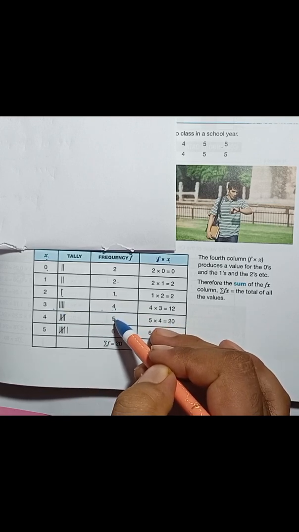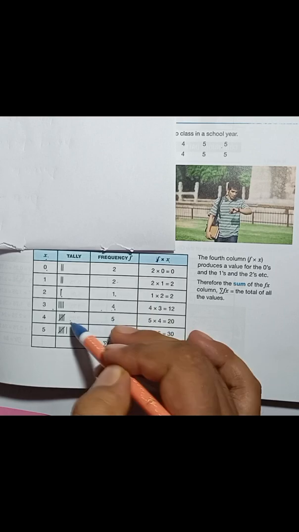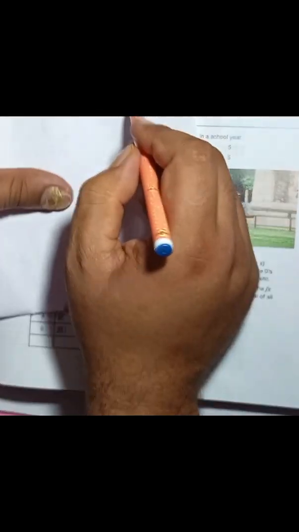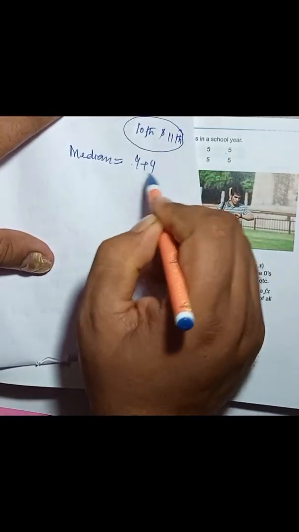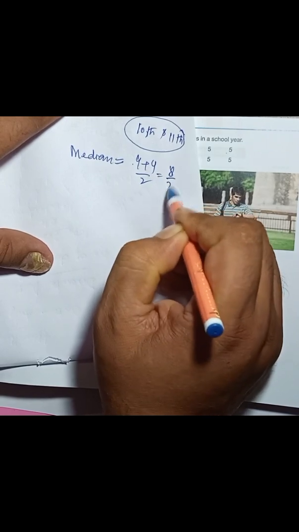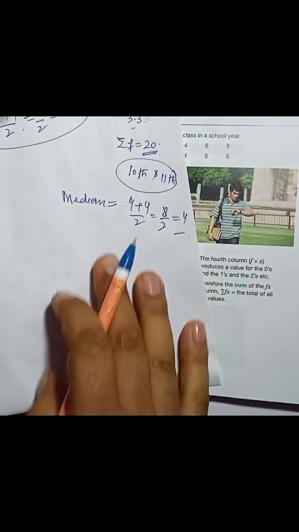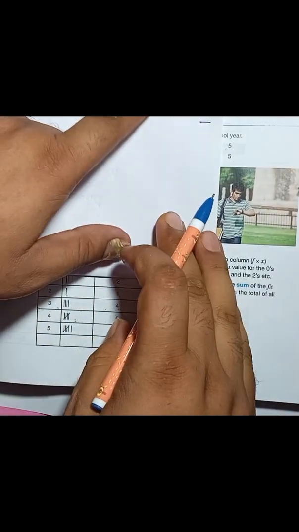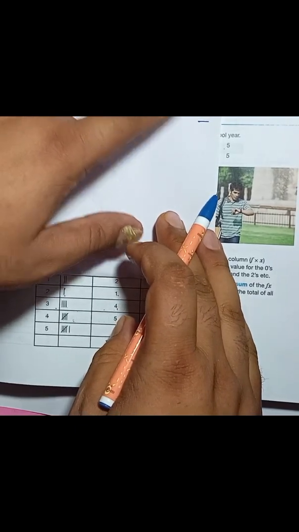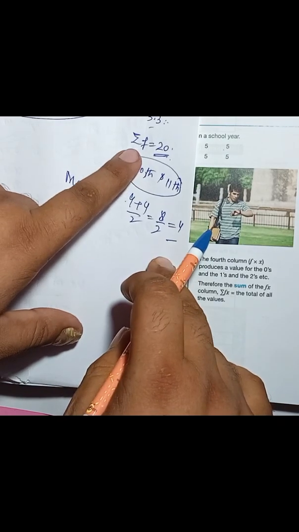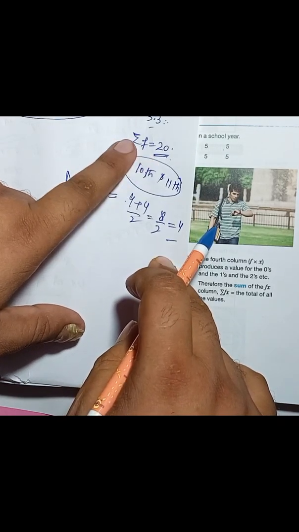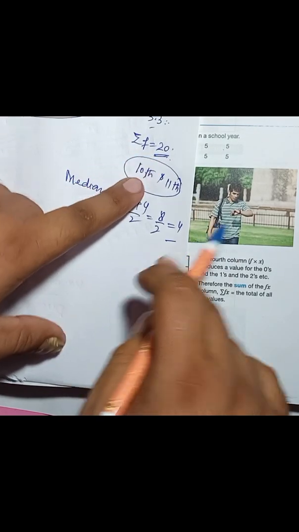After the 9th comes the 10th. The 10th term is 4, the 11th term is 4. So that is 4 plus 4 divided by 2, that's 8 by 2, that is 4. So the median for this data is 4. Understand this: the 10th and 11th terms, because the number of terms is 20.